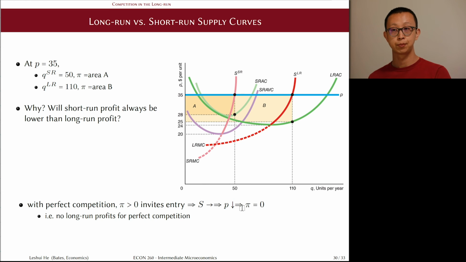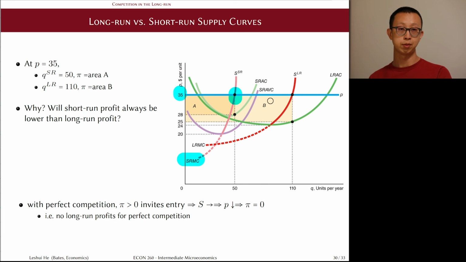thus leading to different long-run and short-run supply curves. For instance, on this graph, at the price of $35 here, the short-run profit maximizing output level is at 50, where the short-run marginal cost curve crosses the price level.